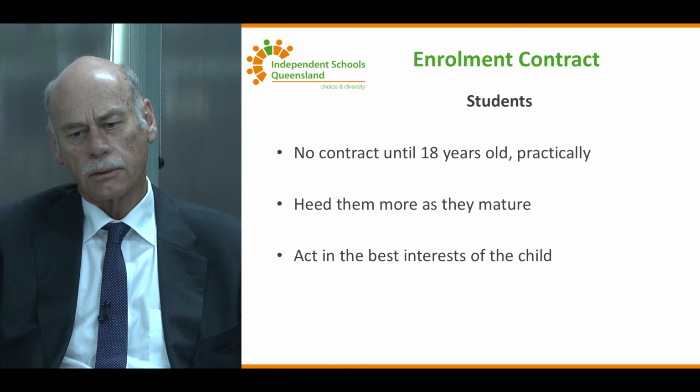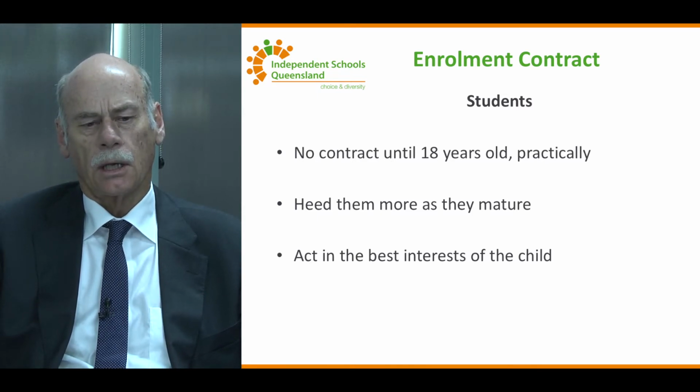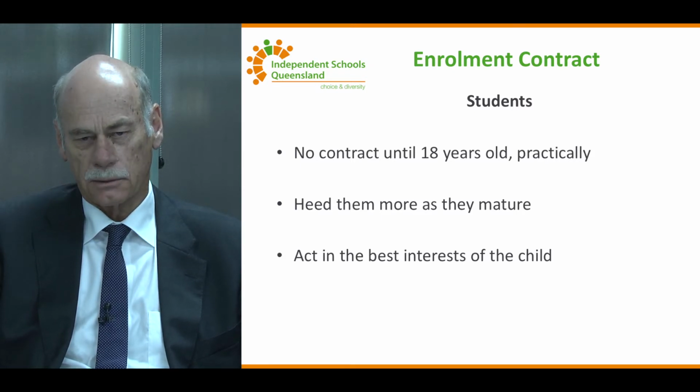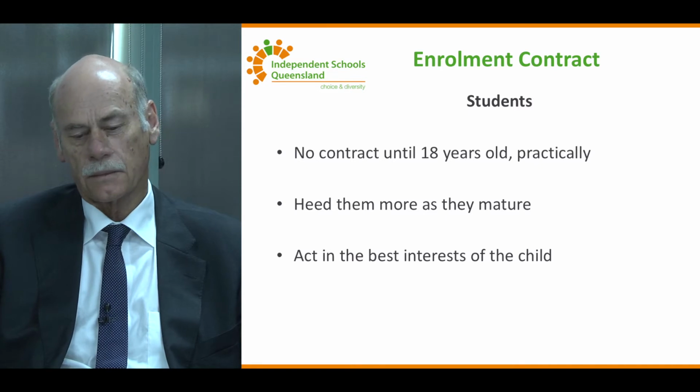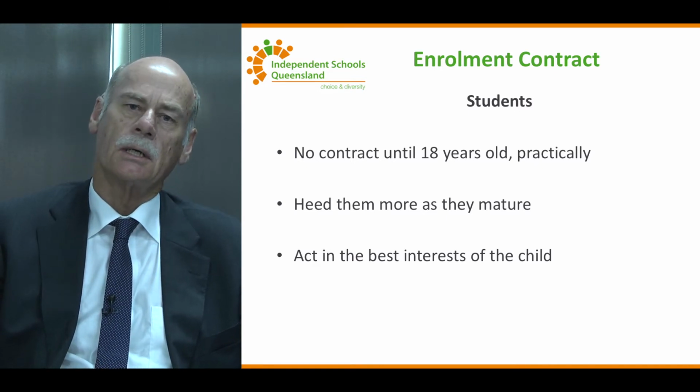The second very important aspect of this is one which I think most schools will be familiar with, which is the extent to which a school should take into account the wishes of a child. When I say child, it's anyone under the age of 18 years.